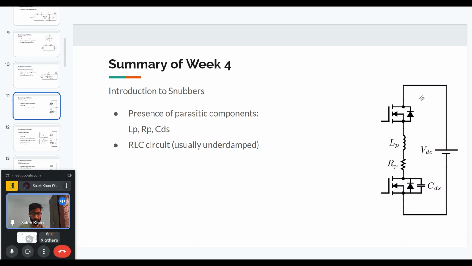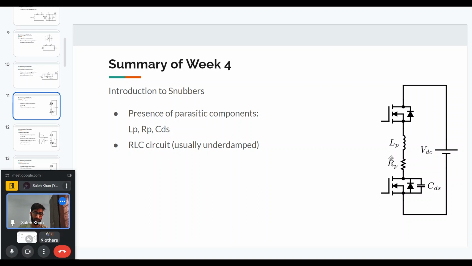So that is what is shown here. There is a parasitic inductance. In practical cases, the parasitic inductance will be between any two points. For example, from the VDC positive to the device, there will be inductance, and between the two devices, there will be inductance, and then from the VDC minus to the other device, there will be some parasitic inductance. I've lumped all those parasitic inductances here as one LP inductance.